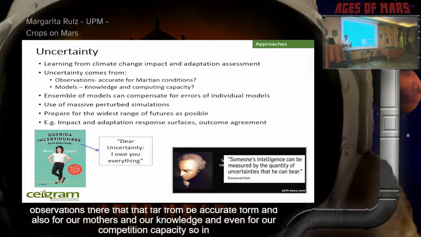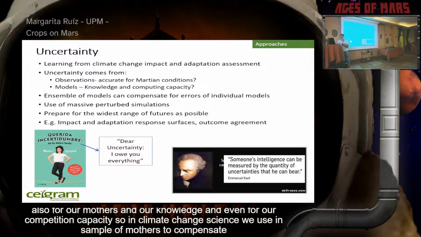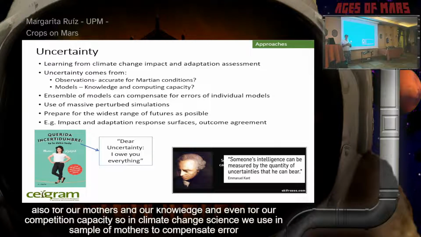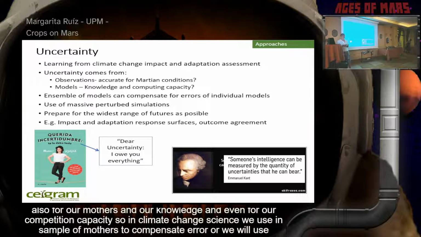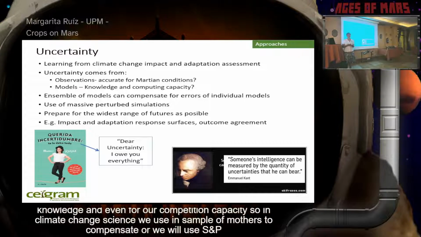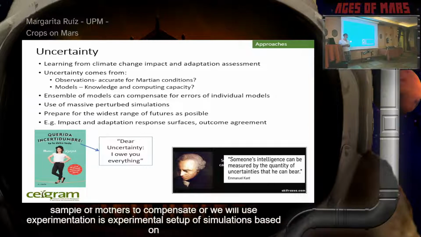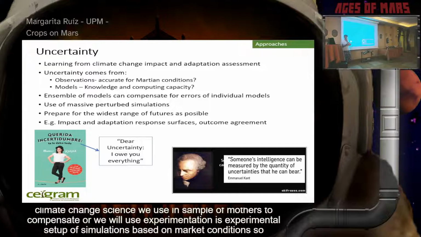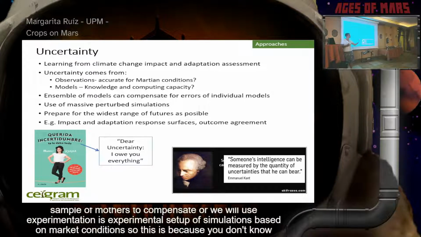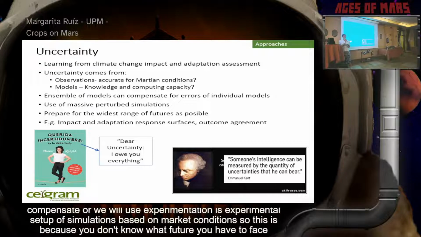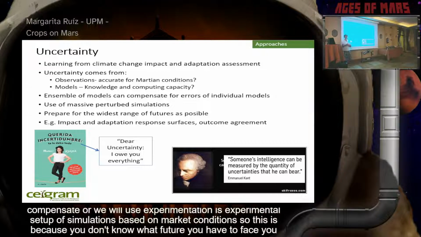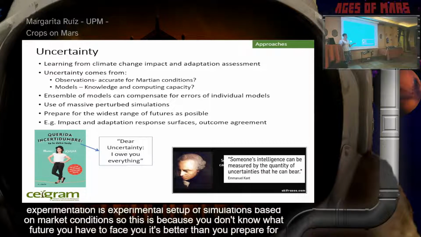So in climate change science, we use ensembles of models to compensate for errors of individual models, or we use experimental setups of simulations based on massive perturbed conditions. This is the approach we are going to use here, because when you don't know what future you have to face, it's better that you prepare for the widest range of possible futures.